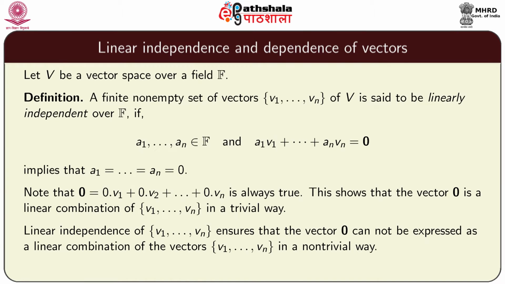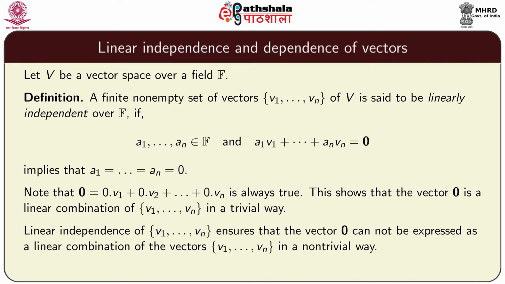So, let us start with linear independence and dependence of vectors in a vector space V. Let V be a vector space over a field F. Now, we introduce the concept of linear independence of vectors.